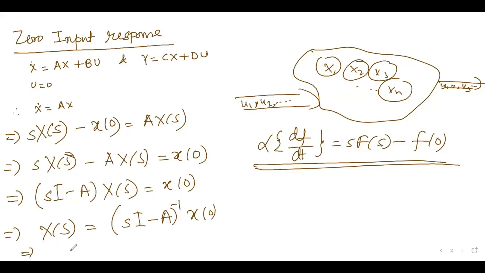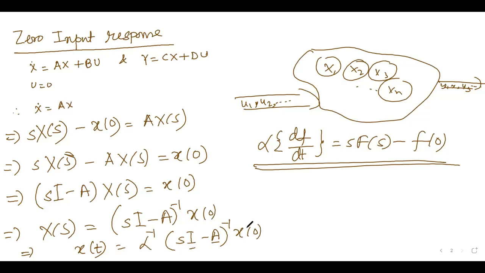So taking the Laplace inverse, the Laplace inverse of X(s) is x(t), which will be the Laplace inverse of (sI minus A) inverse x0.